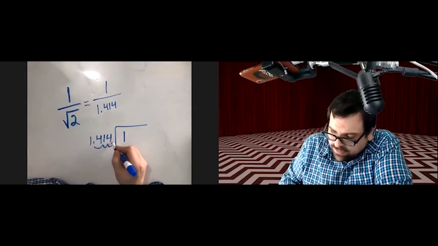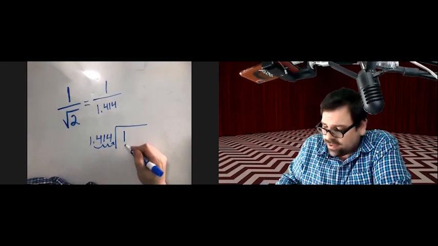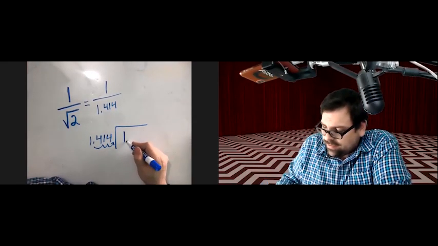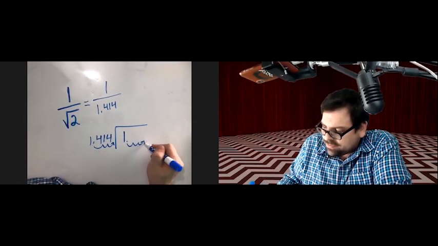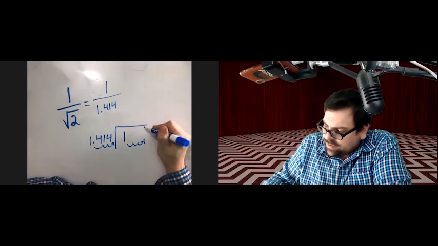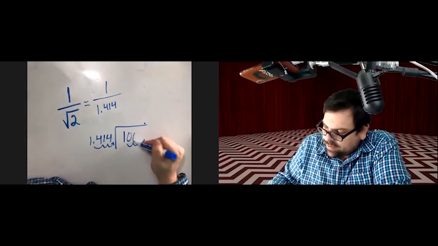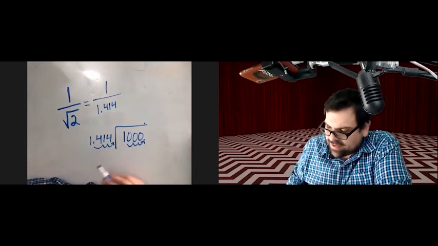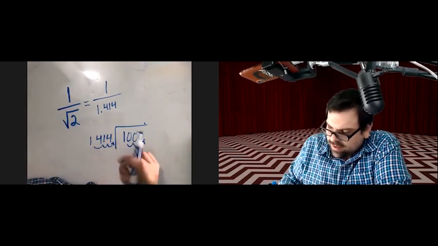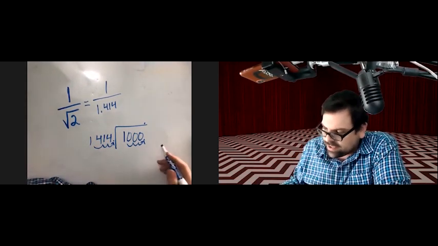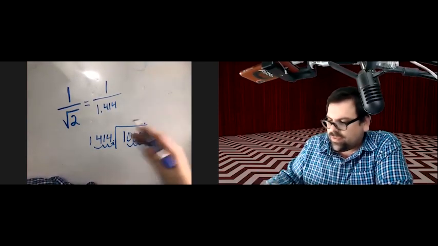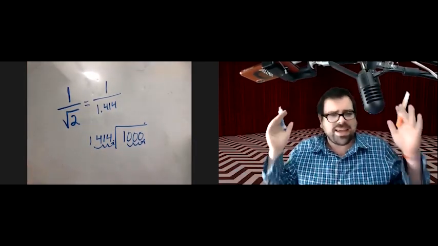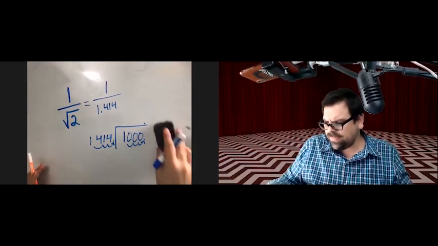So 1, 2, 3 spaces over. Here would be 1, 2, 3 spaces over. We'd have to look at 1,000 divided by 1414. So complicated. Makes me not want to do it at all.